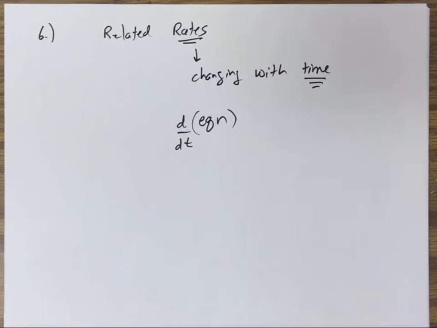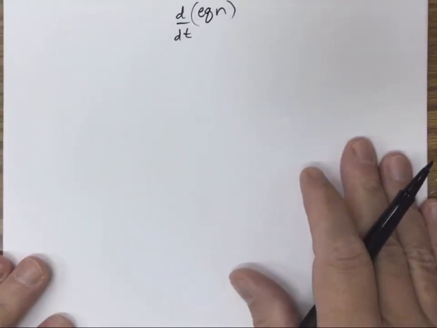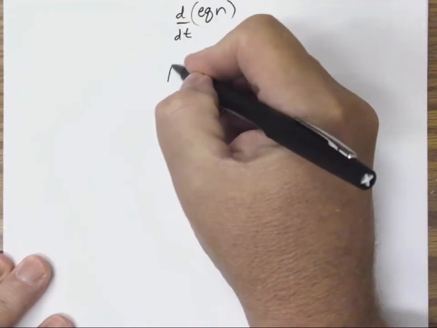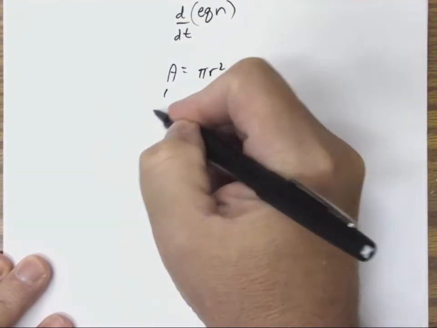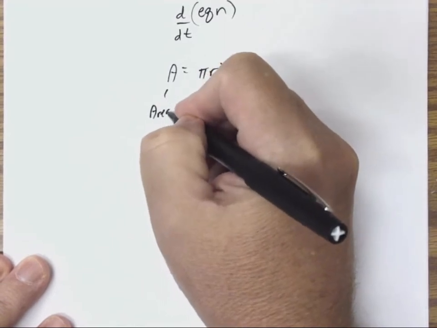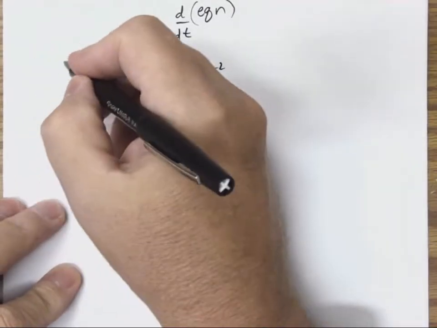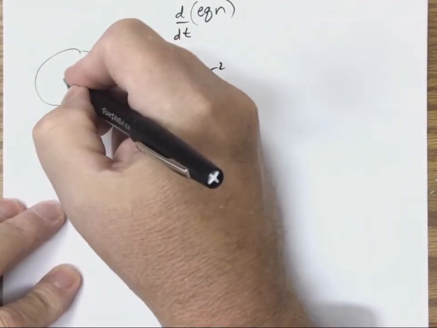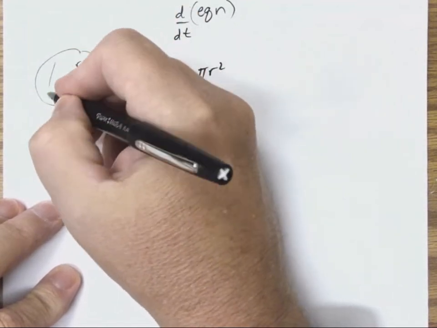So let me just write down the information they were given. First, the key thing is to write down the equation. So A is like the area of the bottom of the ice cap, and it probably looks like a circle. So there's the radius.